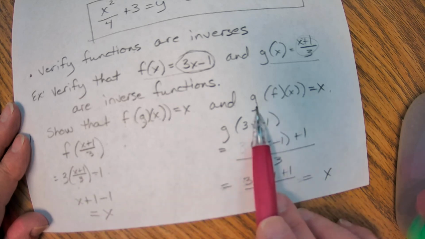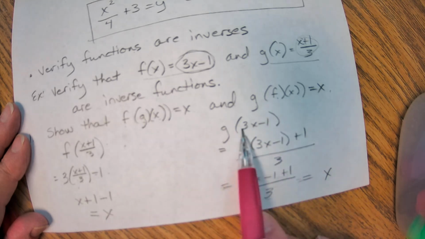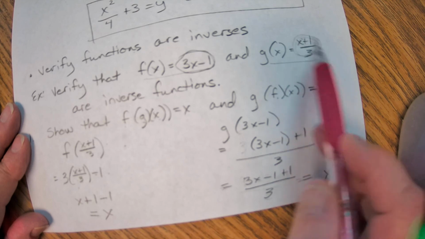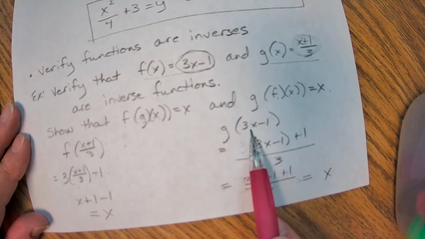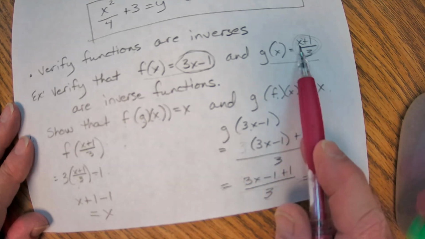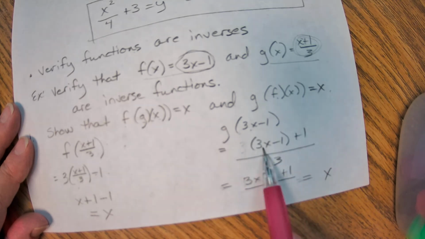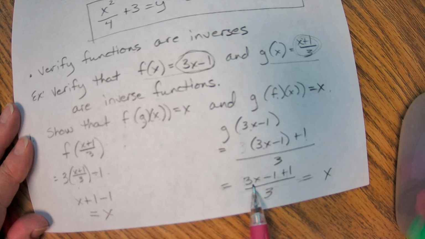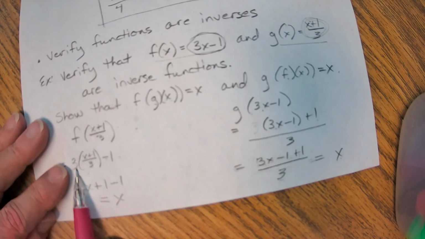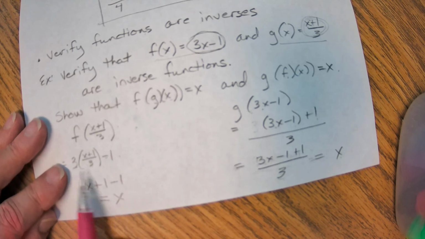And over here, g of f of x means you take g and plug in 3x minus 1 wherever there's an x. So it would be (3x minus 1 plus 1) divided by 3, which is 3x over 3, which is x. And over here, we'd have 3 times that whole thing.